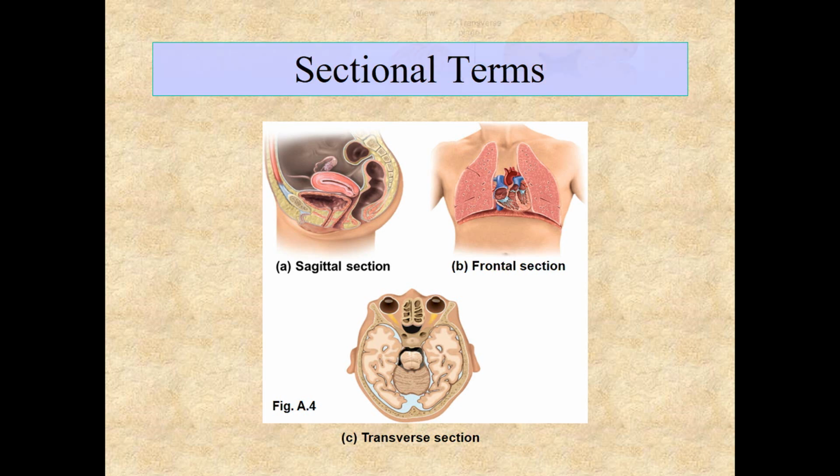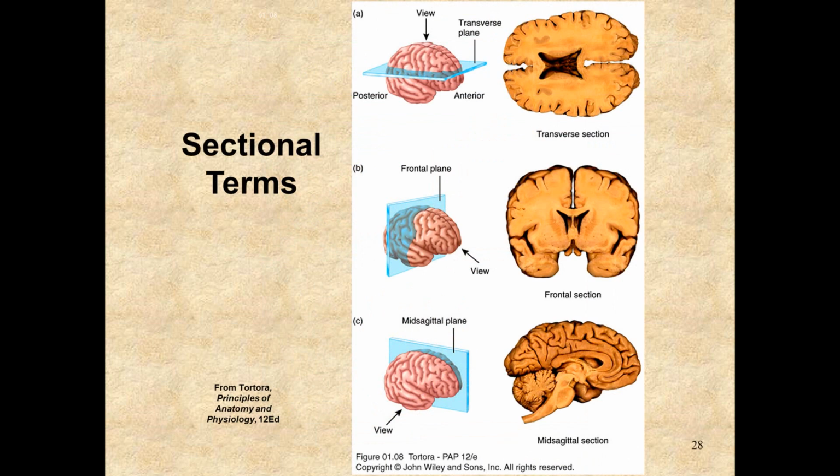But keep in mind, on this next slide, you can see that there can be dramatic differences from one section to the next of the same organ. So it's just something that you have to try and get used to. One of the things that we're going to do in lab is talk about some anatomical structures with a sagittal section, and then we may talk about some that are in a cross section. So again, just keep that in mind.